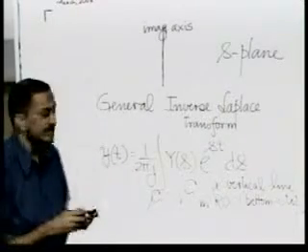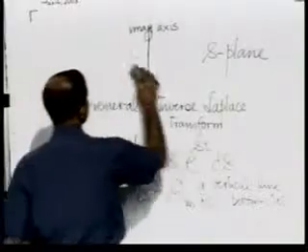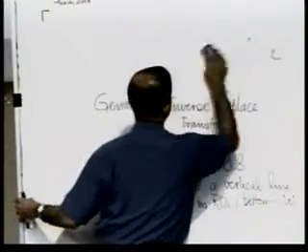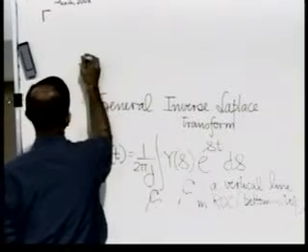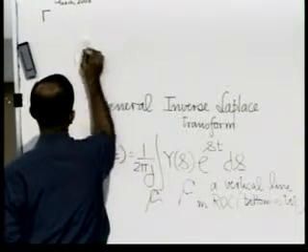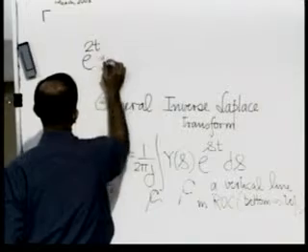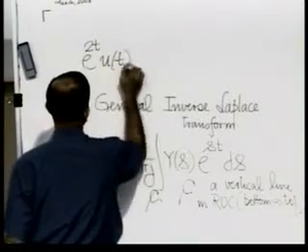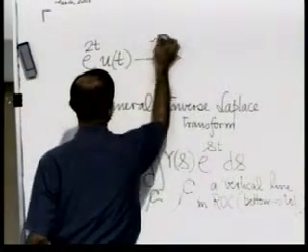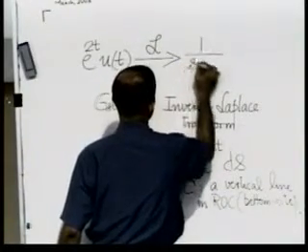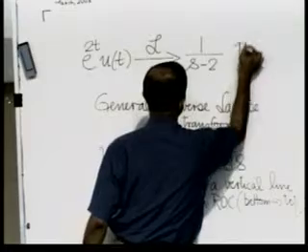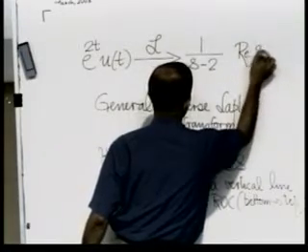Let me give you an example. We saw last time that if we had the function e raised to the power of 2t u(t), its Laplace transform was given by 1 by s minus 2 with a region of convergence real part of s greater than 2.